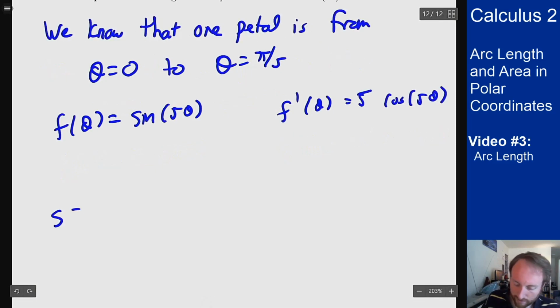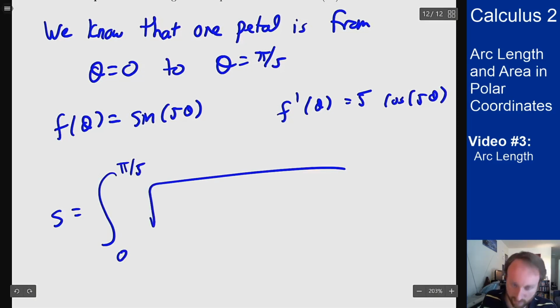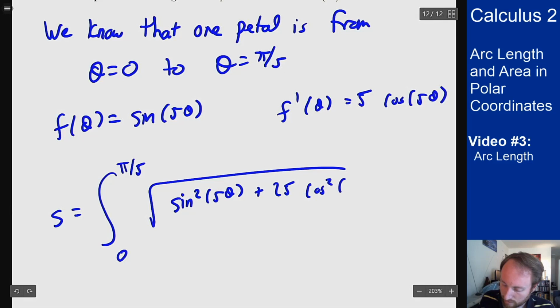So our arc length here is the integral from 0 to pi over 5, square root of f of theta squared, so sine squared of 5 theta, plus f prime squared, 25 cosine squared of 5 theta d theta.